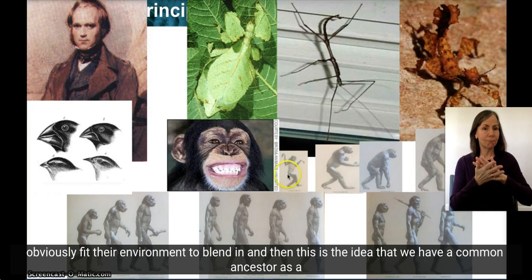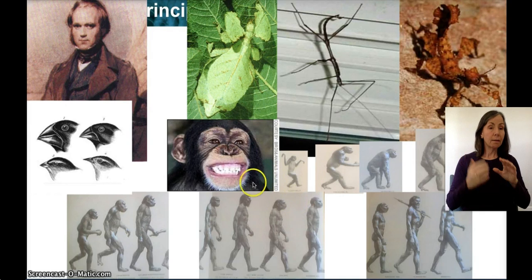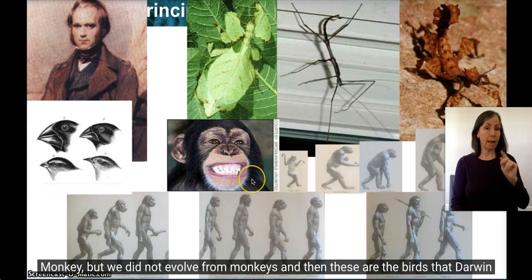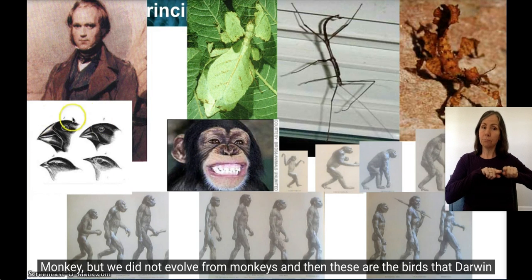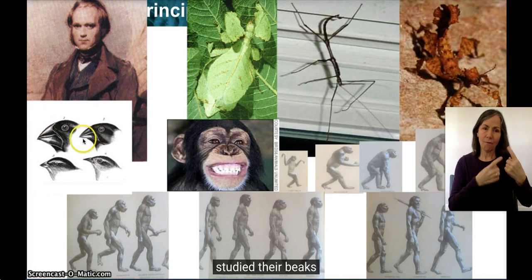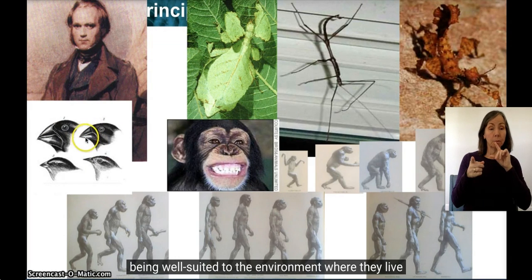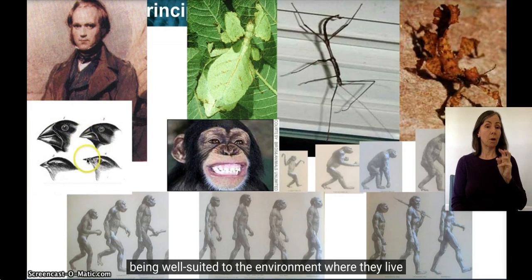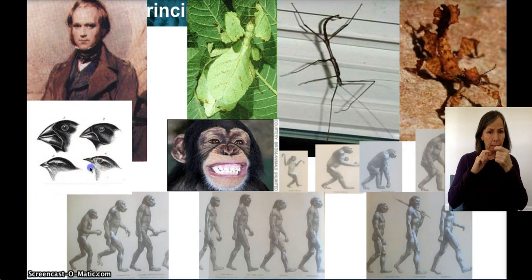And then this is the idea that we have a common ancestor as a monkey, but we did not evolve from monkeys. And then these are the birds that Darwin studied, their beaks being well suited to the environment where they live.